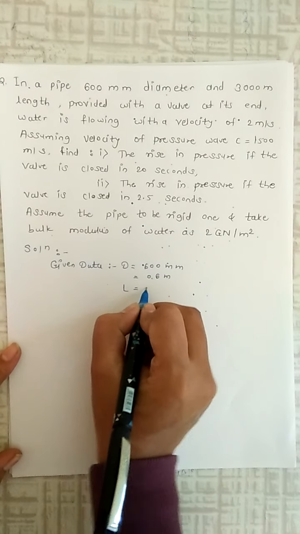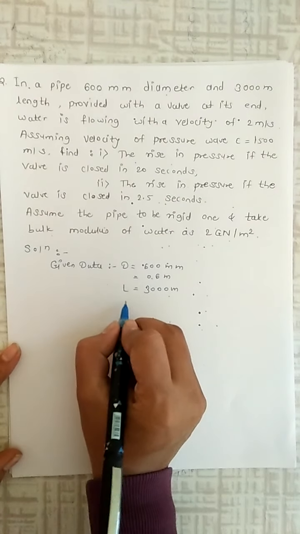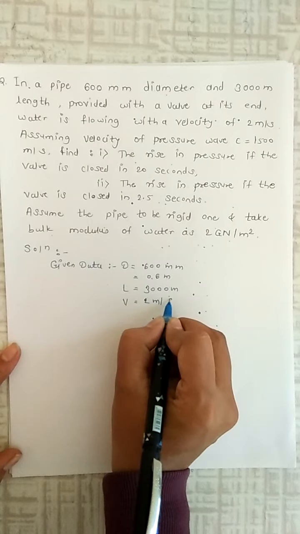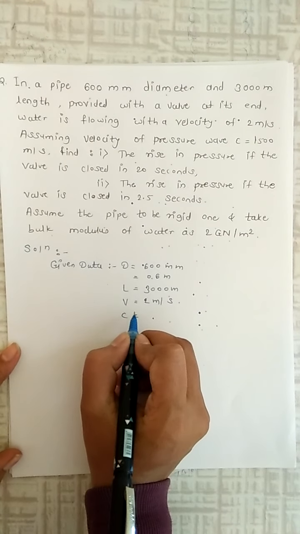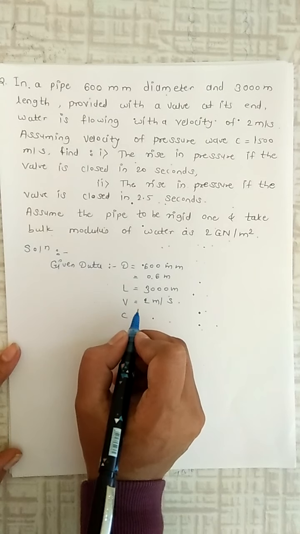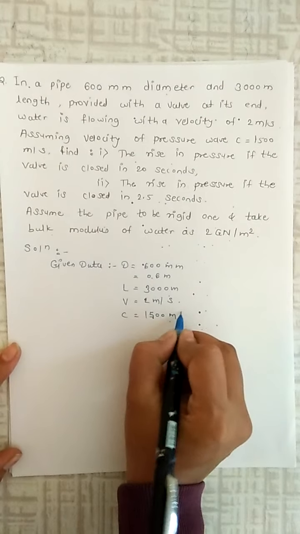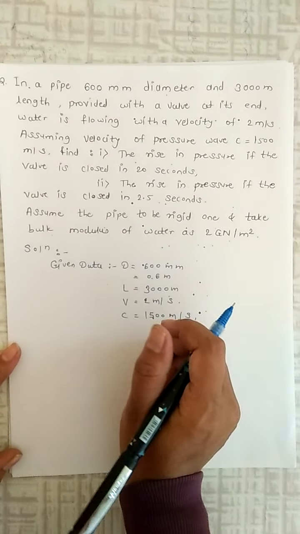Length is 3000 meter. Velocity 2 meter per second. C is equal to 1500 meter per second. C is nothing but the velocity of a pressure wave.